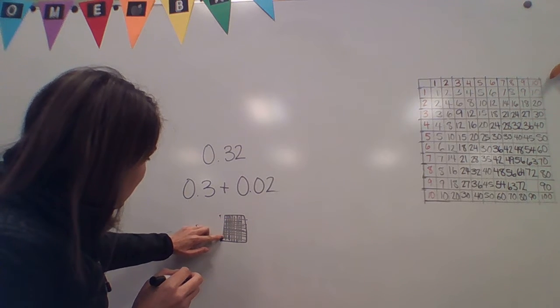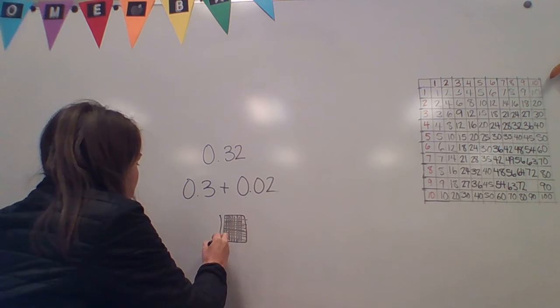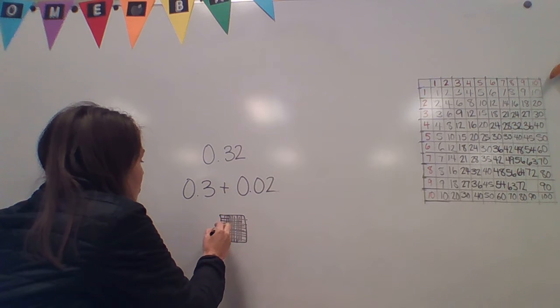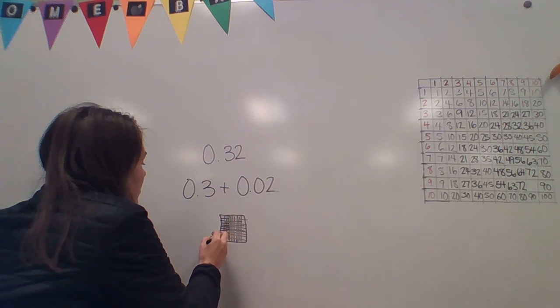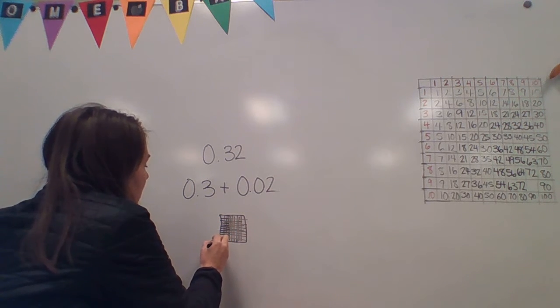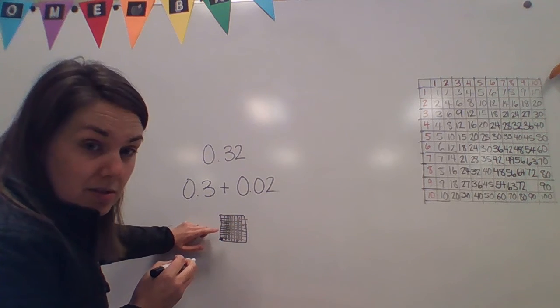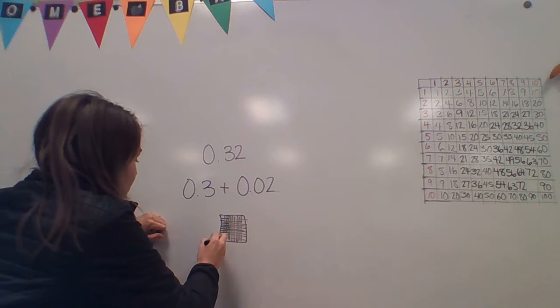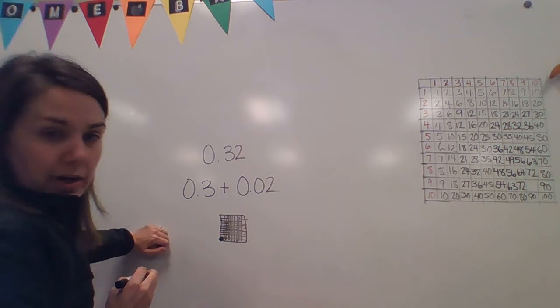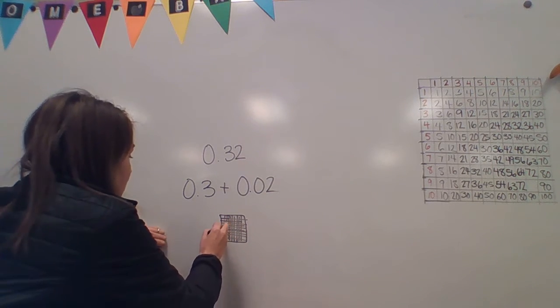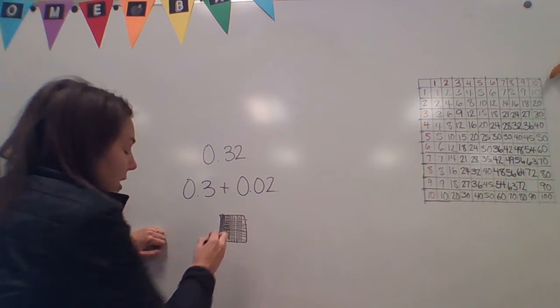But if I take just 1 of those units, because I've taken my whole and divided it into 100 little squares, 1 of those squares is going to be 1/100. 10 of those squares makes up 1 row, or 1/10.